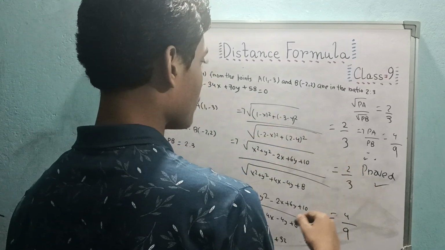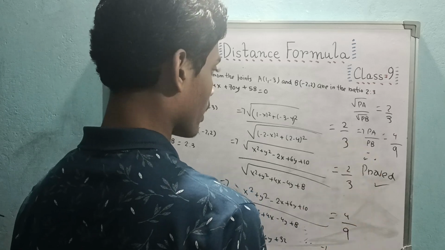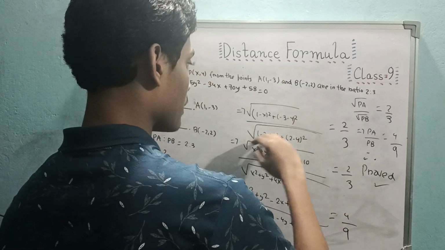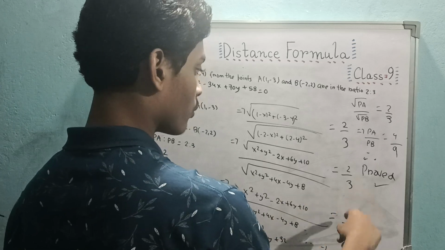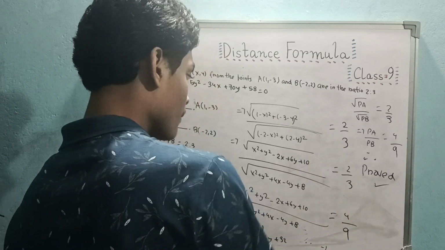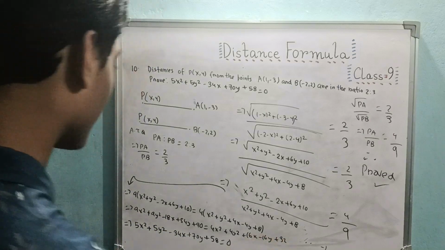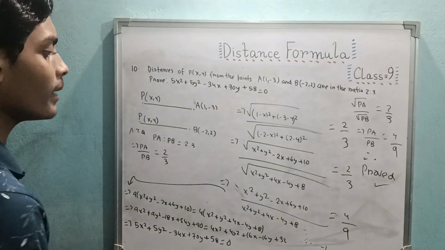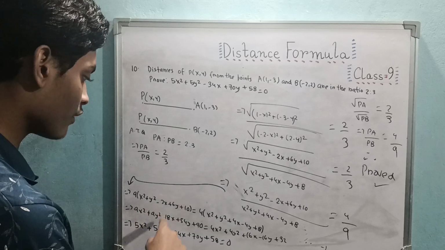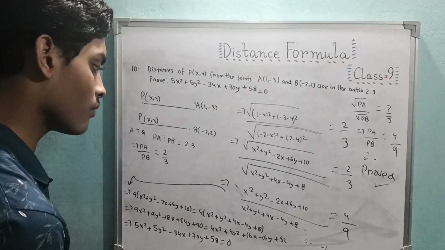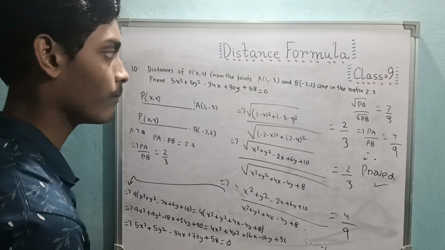Then PA square by PB square equal to 2 square by 3 square. In PA square and PB square the roots get removed. 2 square is 4, 3 square is 9. Do cross multiplication on both sides. Then get all of the terms on this side to the left hand side. You will automatically simplify for x square, x, y and the constant value and get this equation.